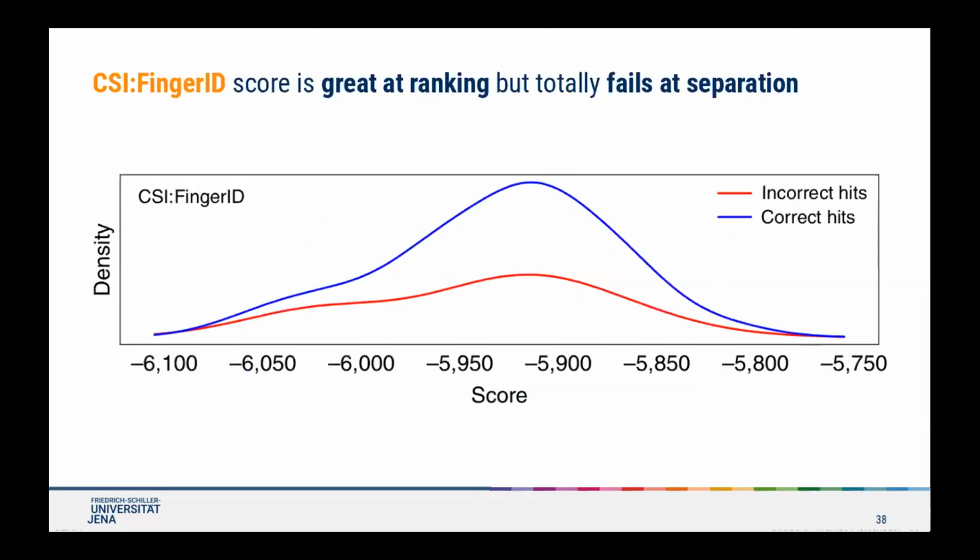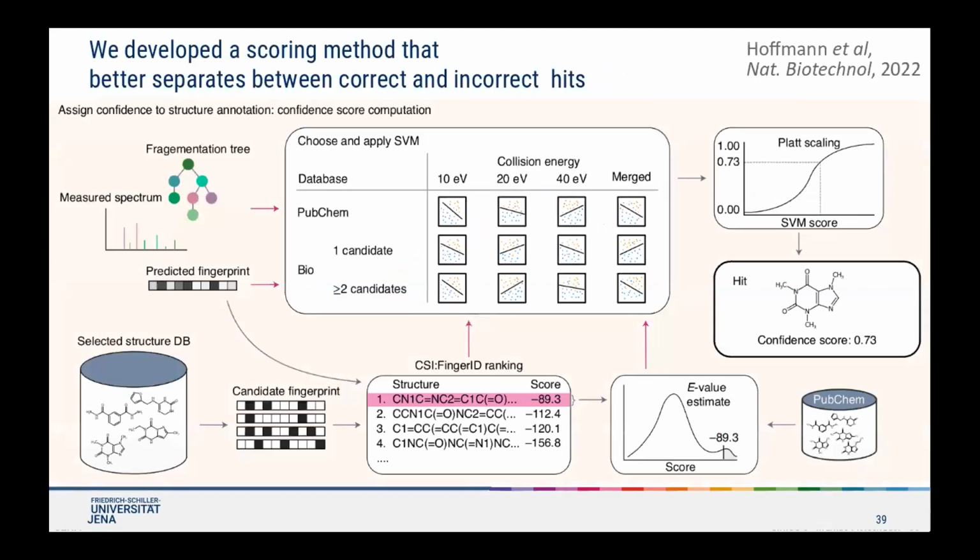For CSI FingerID, this is unfortunately not working out of the box, because the scoring CSI FingerID uses to compare the molecular fingerprints separates very, very badly. As you see, red ones are incorrect hits, and blue ones are correct hits, and basically every kind of score can be a correct or incorrect hit. So we cannot just apply a threshold over the whole data set and say everything above some score is correct. So we try to develop a method that helps us with that.